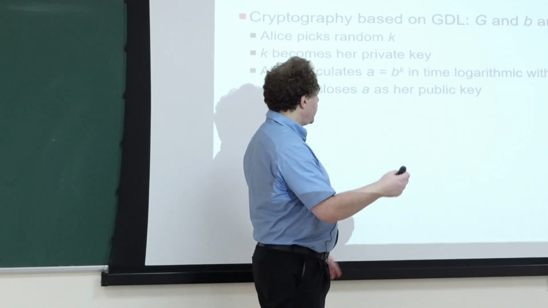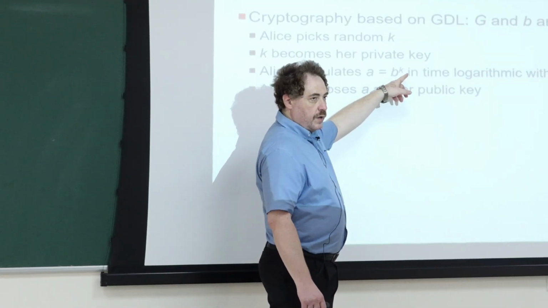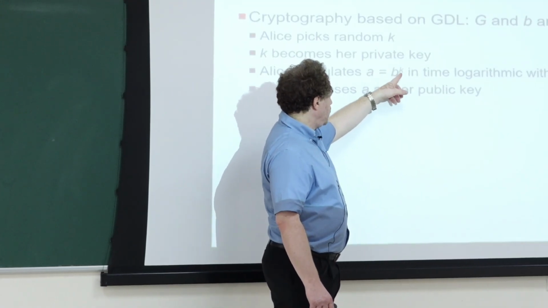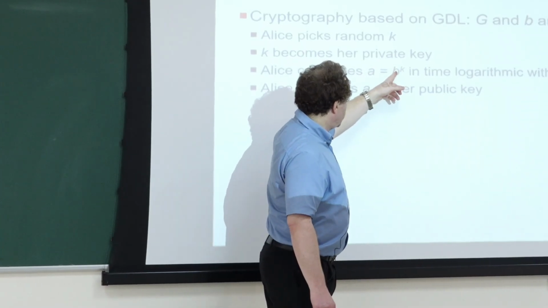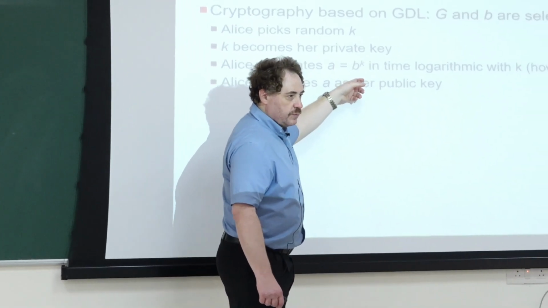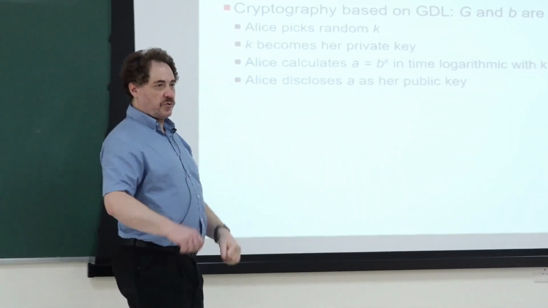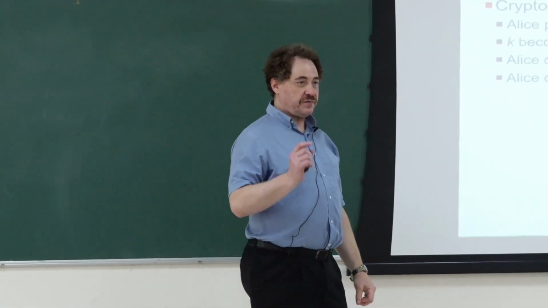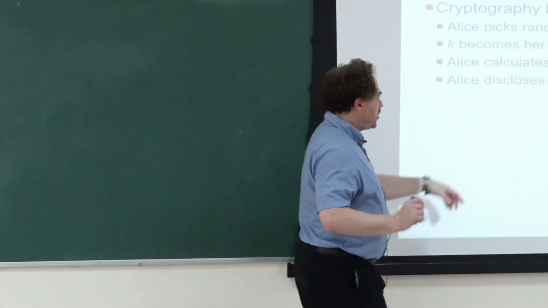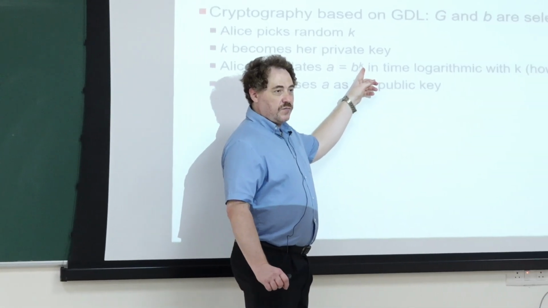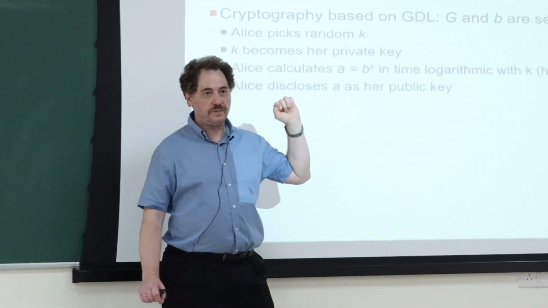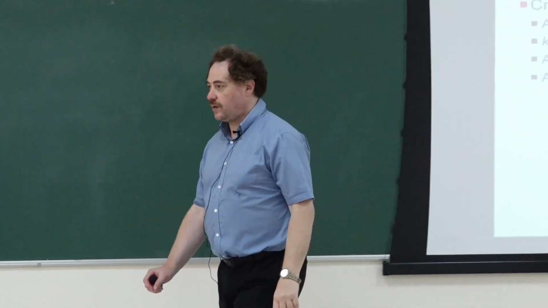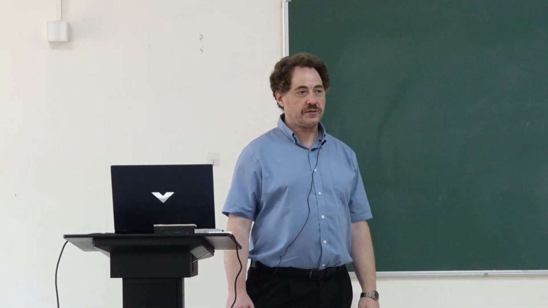How do we calculate b to the degree of k by half? We calculate b to the degree of k by 4, and again calculate the square. And this way, instead of doing k multiplications, we are doing logarithm of k multiplications, which is much faster. So this is why generating the public key is efficient for Alice.